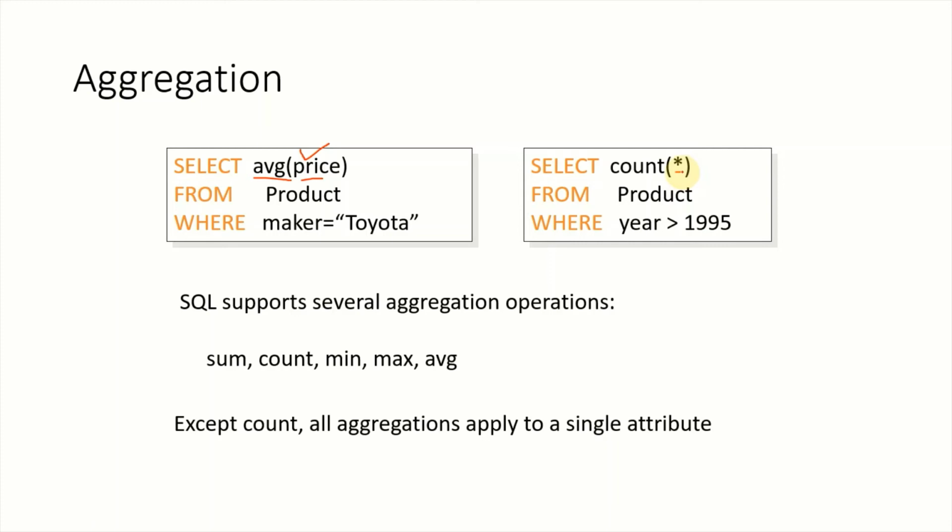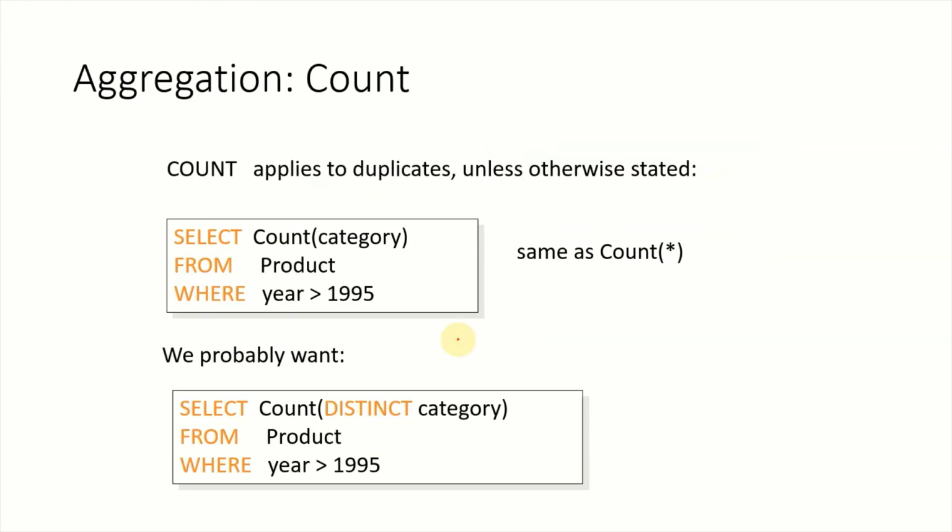We can use star, and we can also use the attribute name here, but remember that except count, all these operators must use a single attribute. These are some examples for count.